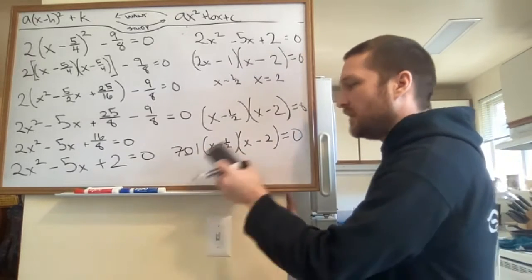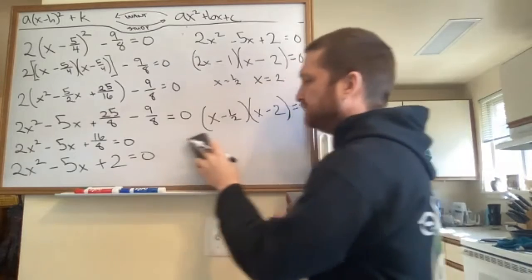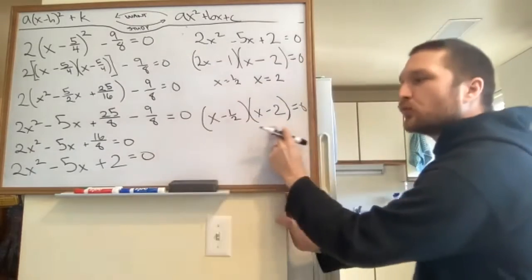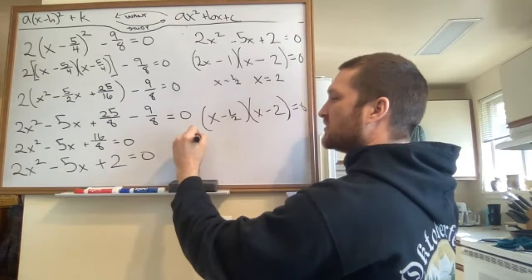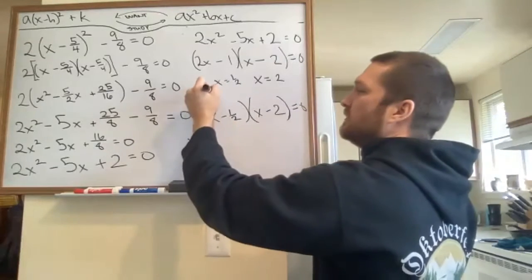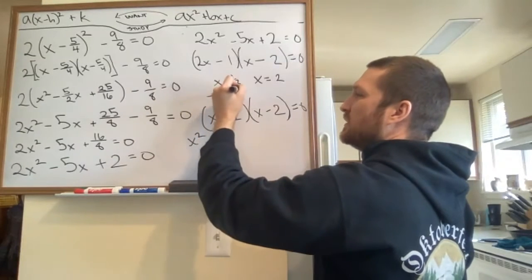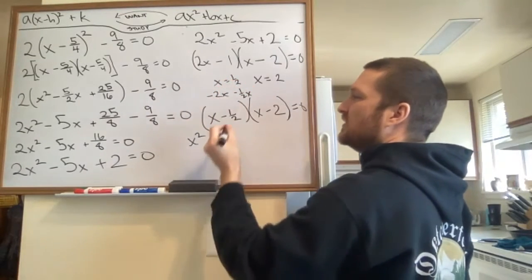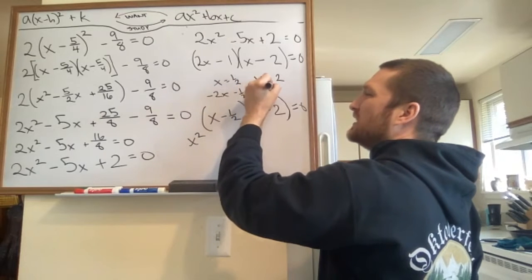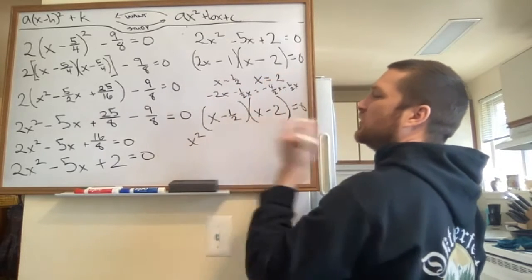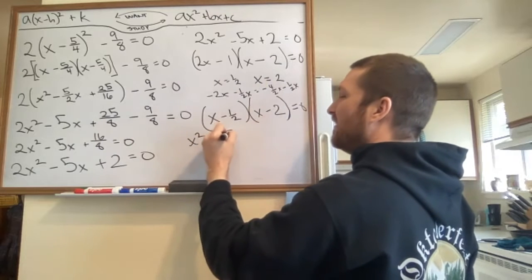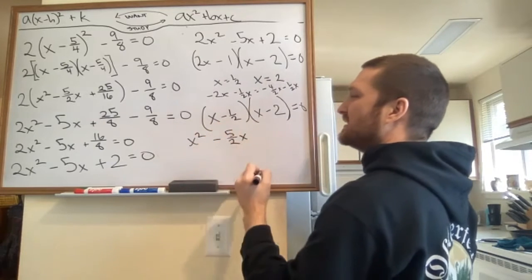What we've done here, I'm going to go ahead and just real quick multiply this guy out. First gives me x squared. Outer gives me minus 2x. Inner gives me minus 1/2 x, which is the same thing as minus 4/2 x minus 1/2 x for a total of minus 5/2 x.